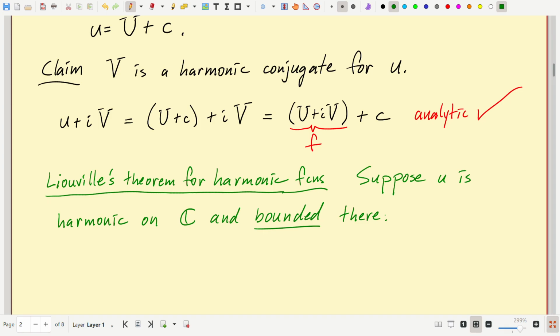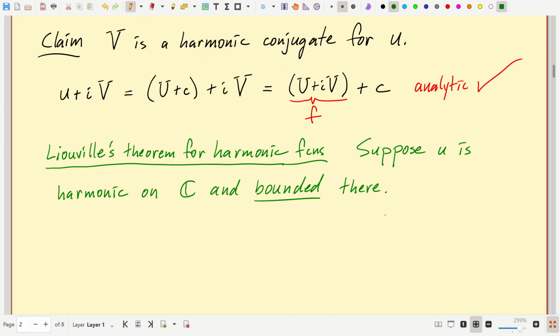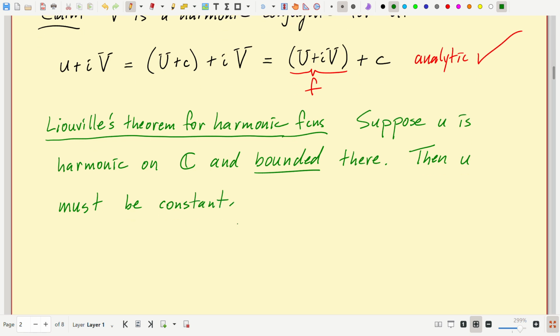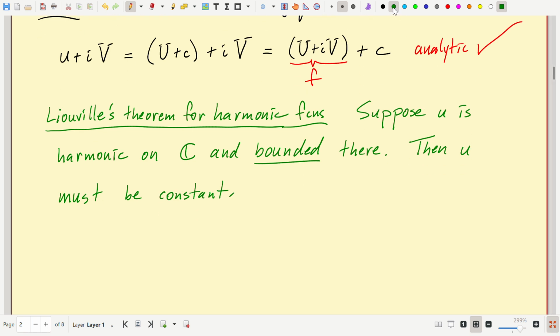So there's no fancy word for entire harmonic functions. They're just harmonic on the whole complex plane. Then the conclusion is that u must be constant. And the proof's a one-liner.